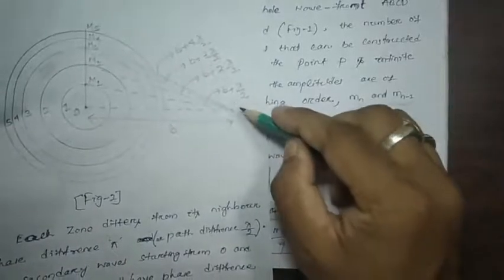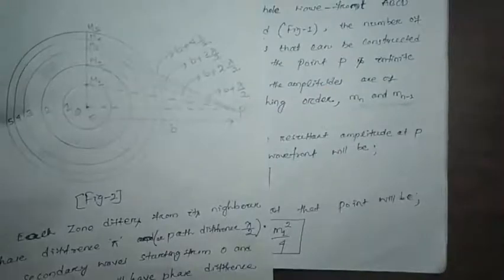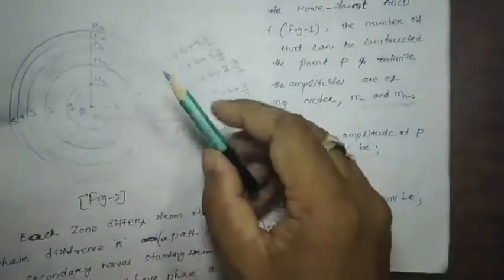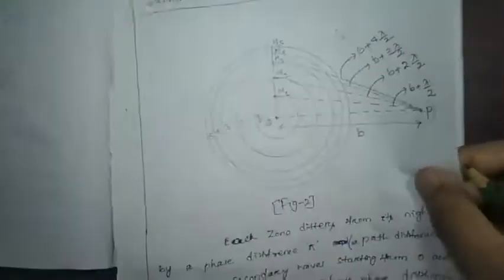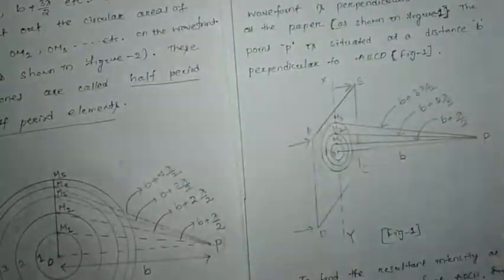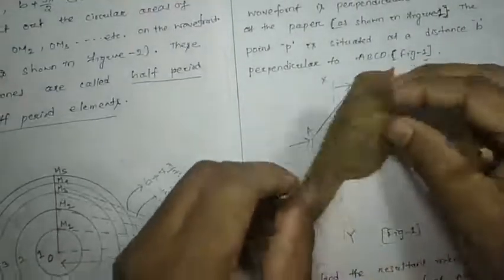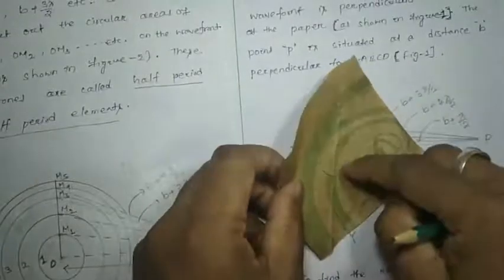So if we consider the rectilinear propagation of light, then we need a large aperture to obstruct the whole wavefront. If we want to obstruct this wavefront, we need this much large amount of obstruction.